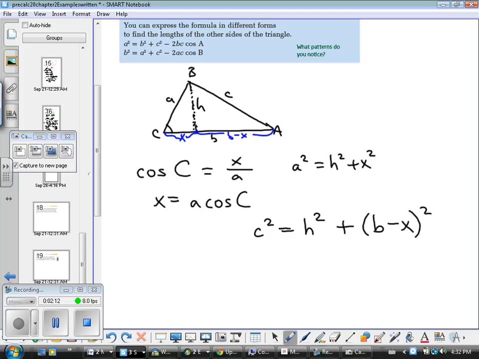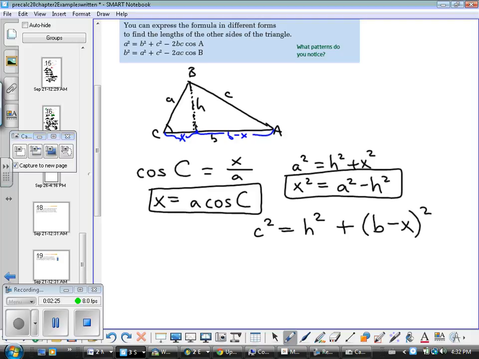I'm going to go back up to the first one and solve it for X squared, because I want to get rid of the x's. The h squares are actually going to get rid of themselves.